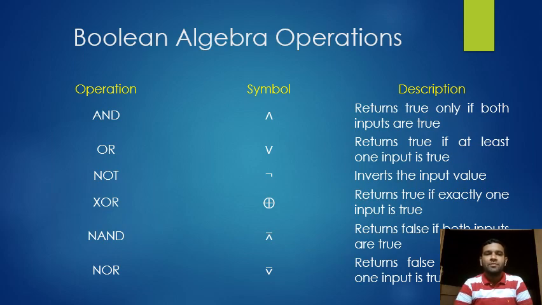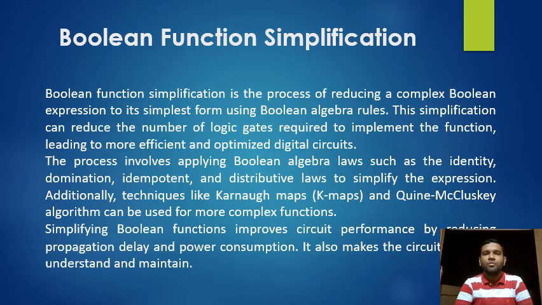Now let us look at the Boolean function simplification. Boolean function simplification is the process of reducing a complex Boolean expression to its simplest form by using Boolean algebra rules. This simplification can reduce the number of logic gates required to implement the function, leading to more efficient and optimized digital circuits.